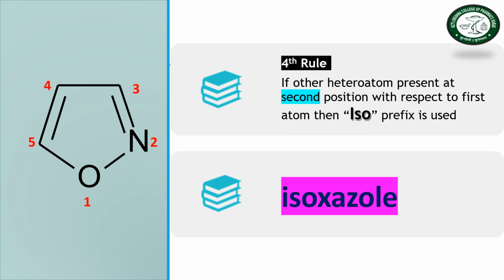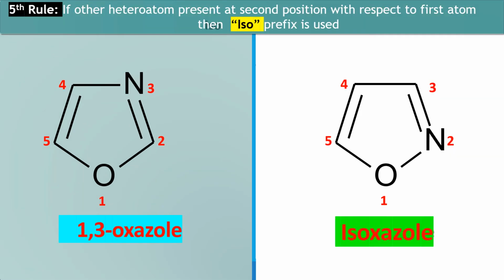Okay, understand. Next, rule number 5: if another heteroatom is present at the second position with respect to the first atom, then we use the prefix iso. Here is the comparison between these two structures: 1,3-oxazole and isoxazole.